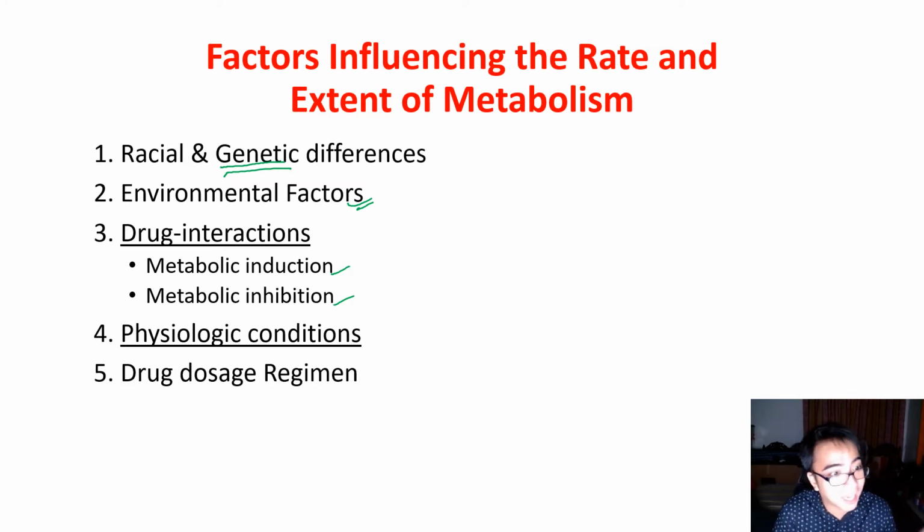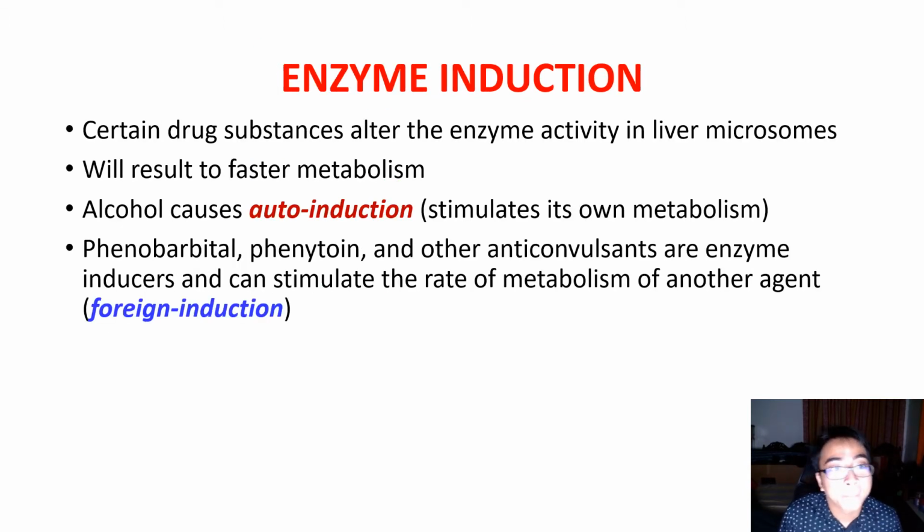And then some physiologic conditions and the drug dosage regimen that you're using. Now, certain enzymes class or drug substances can alter enzyme activity in the liver microsomes. So this will often result in a faster metabolism.